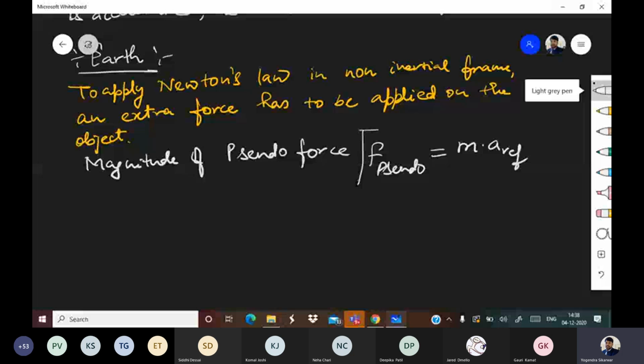The magnitude of pseudo force will be M into A ref. So what is M? M is the mass of the object under observation, right?